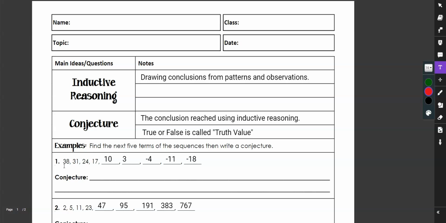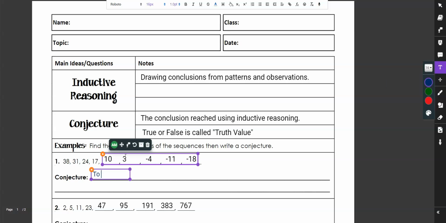So the first one, our pattern is 38, 31, 24, 17, 10, 3, -4, -11, and -18. What we need to do here is decide what the pattern is, and in this case, to generate the next term, subtract 7 from the previous term.